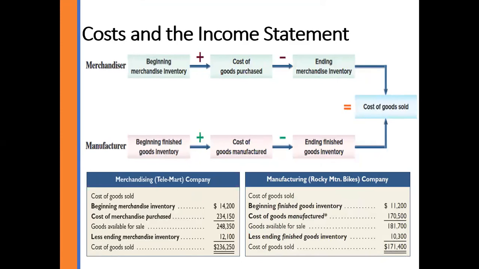All right, cost of goods sold and the income statement. Cost of goods sold means something different depending on if the company is a merchandising company or a manufacturing company. But ultimately, cost of goods sold is another type of expense on the income statement, right?